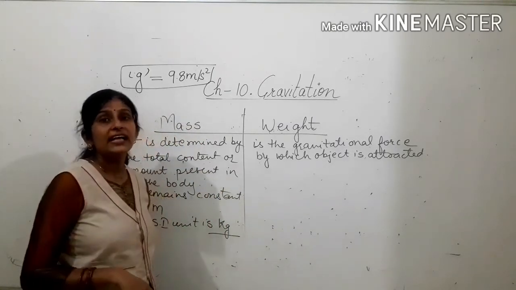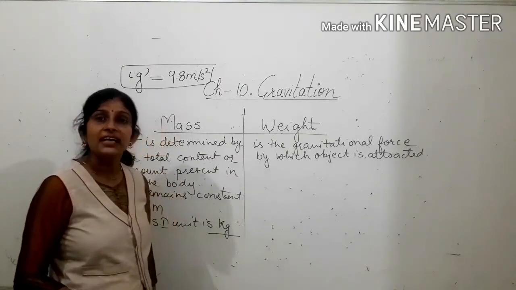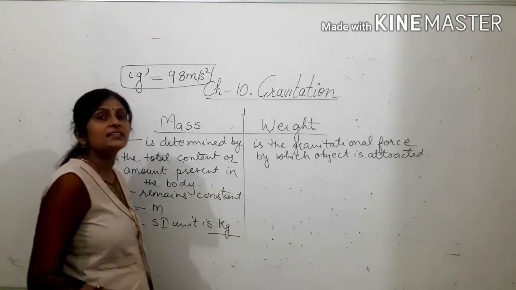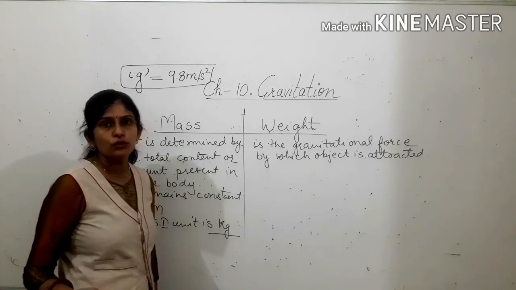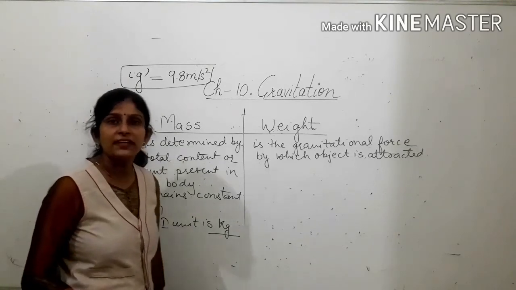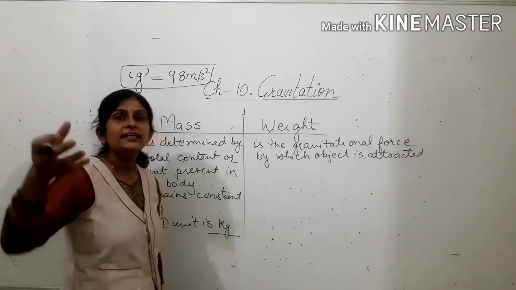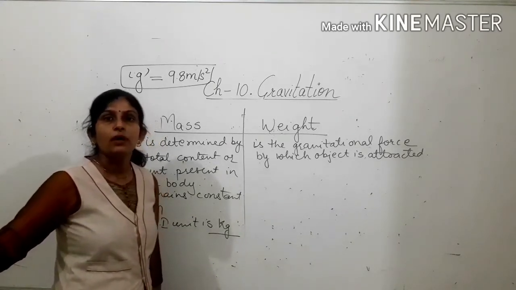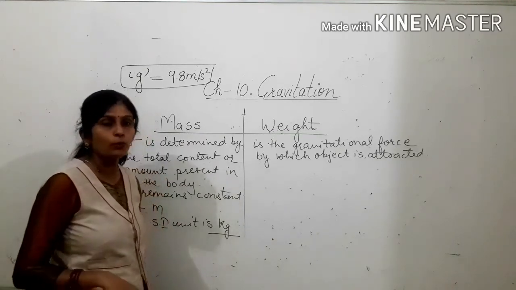And moon has less mass, so its gravitational force on the object is less. So, that object is attracted with more gravitational force on earth, so its weight is more on earth. And on the surface of moon, it is attracted with less gravitational force by moon, so it has less weight on moon.